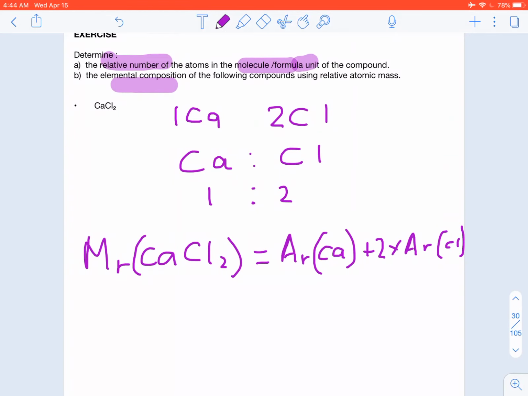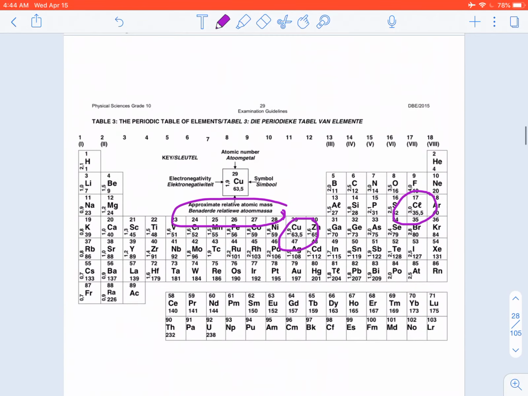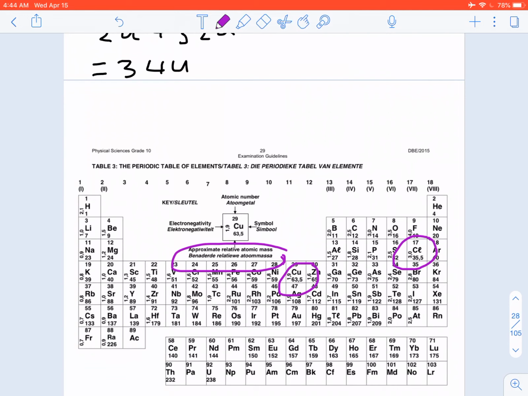Right, now if we go to the periodic table and look at the relative atomic mass of calcium and of chlorine. If we look at calcium here, the relative atomic mass is given as 40, and if we look at chlorine, we see it's 35.5.